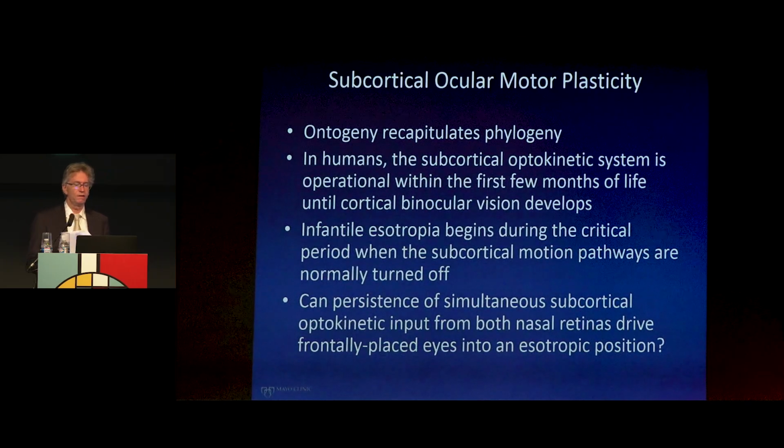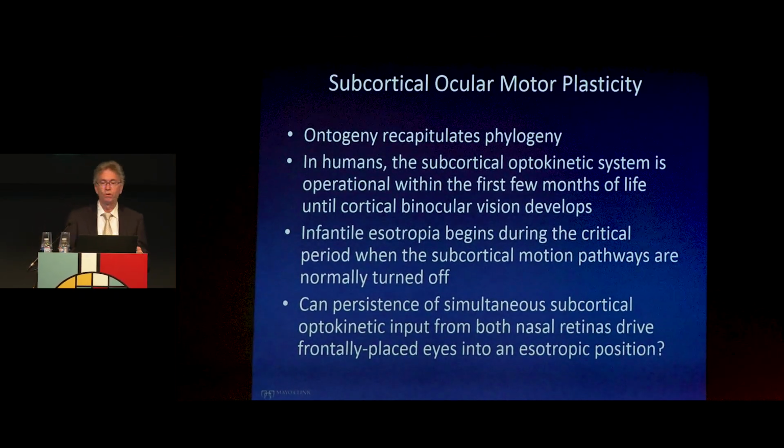So how does this all fit together? Well, we all learned in medical school that ontogeny recapitulates phylogeny. In humans, the subcortical optokinetic system is operational within the first few months of life until cortical binocular vision develops.